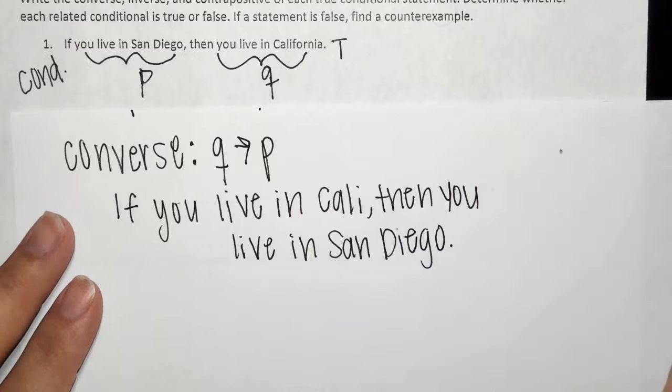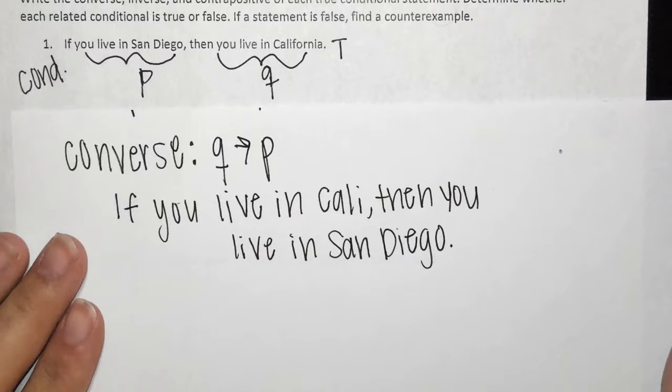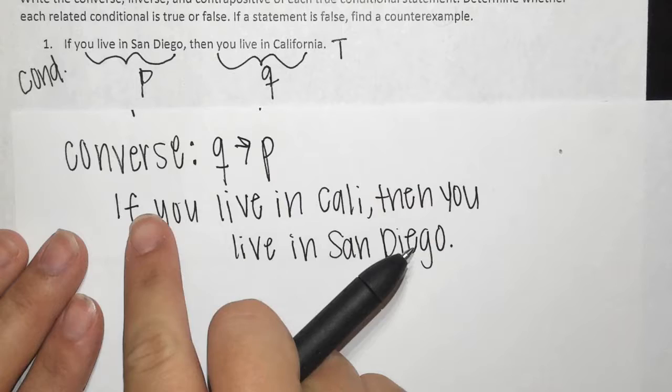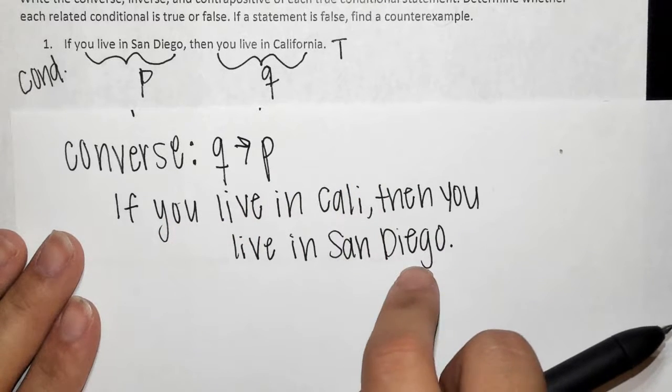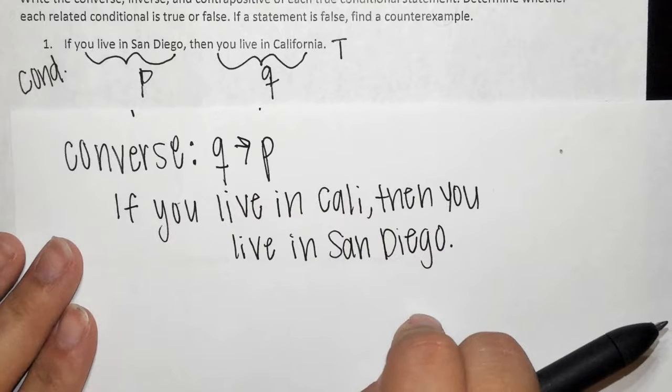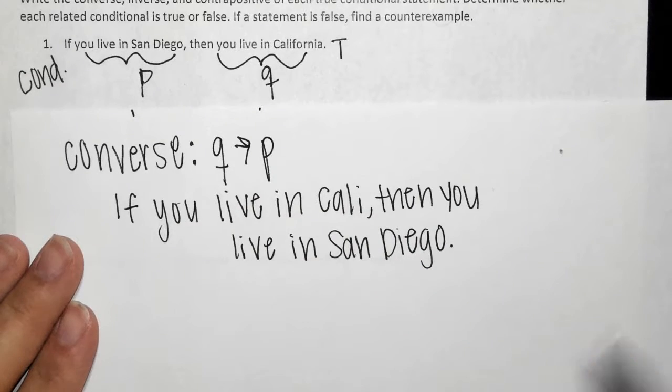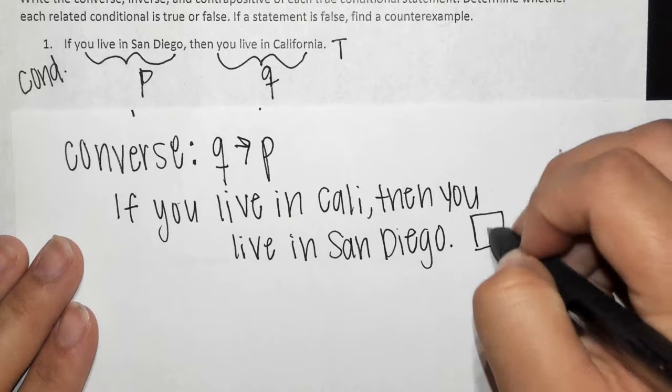Why is it false? Because there's other places like San Diego other than San Diego. Right, you're very right. If you live in Cali, you don't have to live in San Diego. What's another city in California? Sacramento, Los Angeles, right? So this is false.